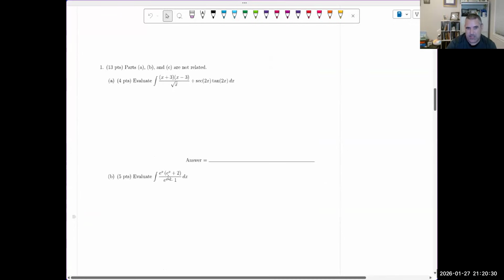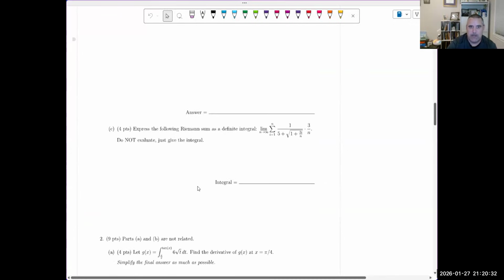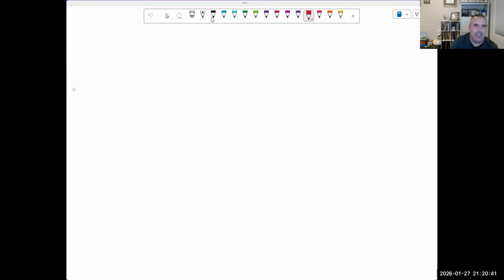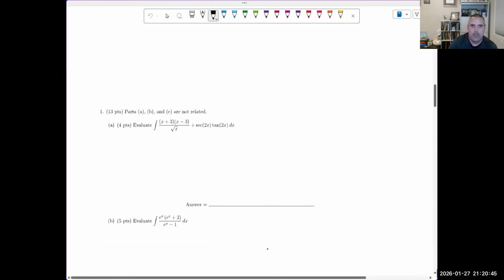Like this integral is a substitution, but looks pretty messy. There's a Riemann sum problem. So one way you could test, this is not a guarantee, but this is part of why I like to flip through lots of exams, because I would think this is a simplify and integrate. This is a substitution that looks really scary.